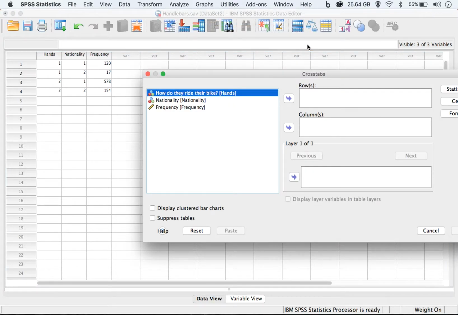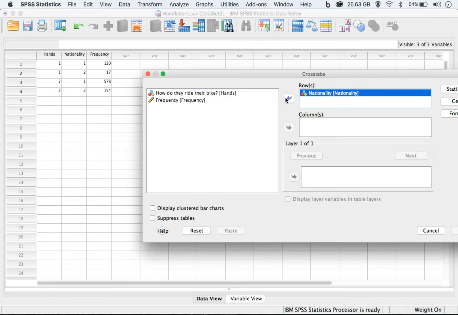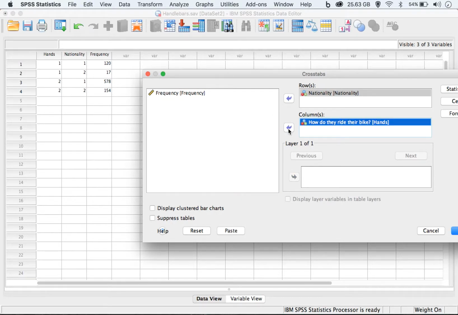The next thing we're going to do is make sure we select just one of our variables of interest, and drag that into the box labeled row. For this example, I'm going to pick nationality to be the row. Then the next step is to pick the variable for how they ride their bike, with hands, and move that into the box labeled columns.